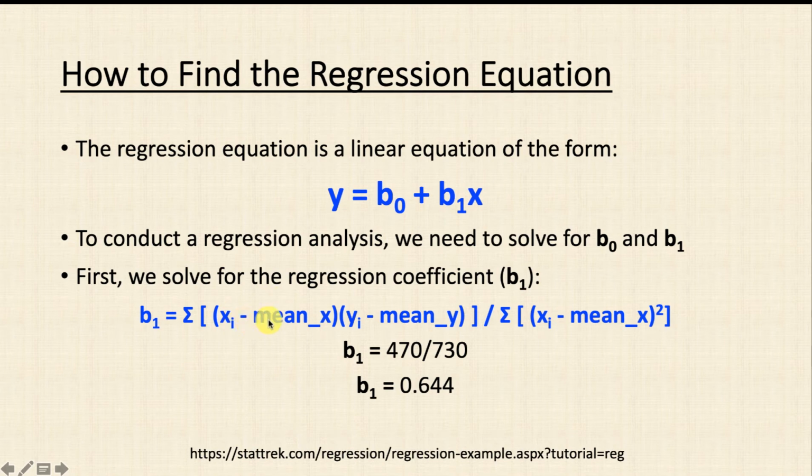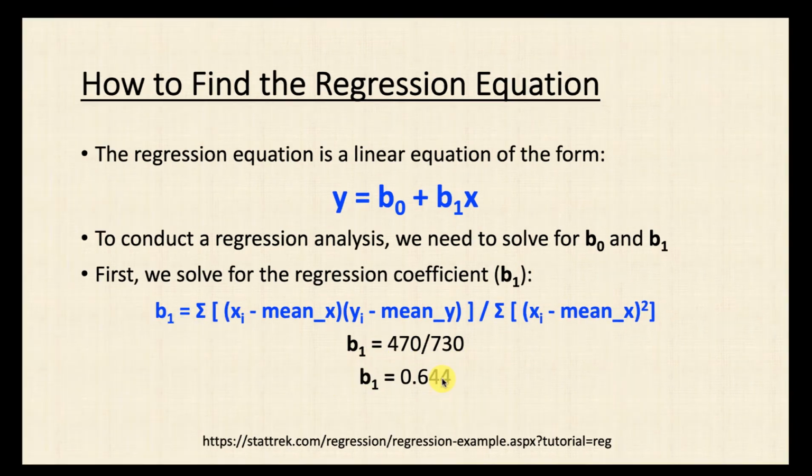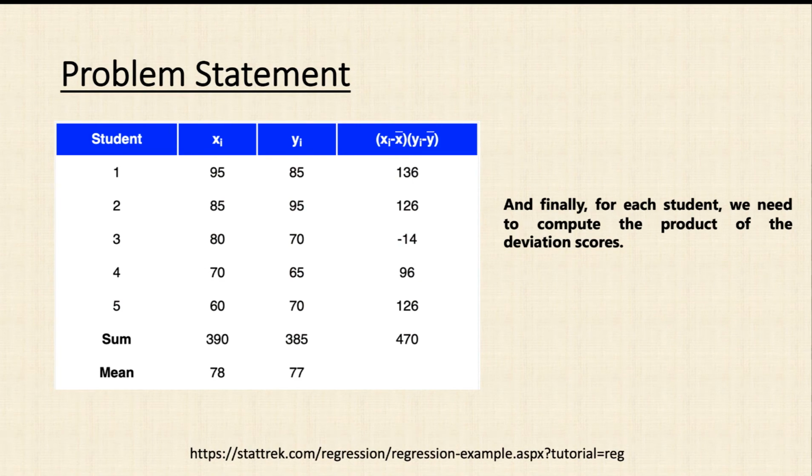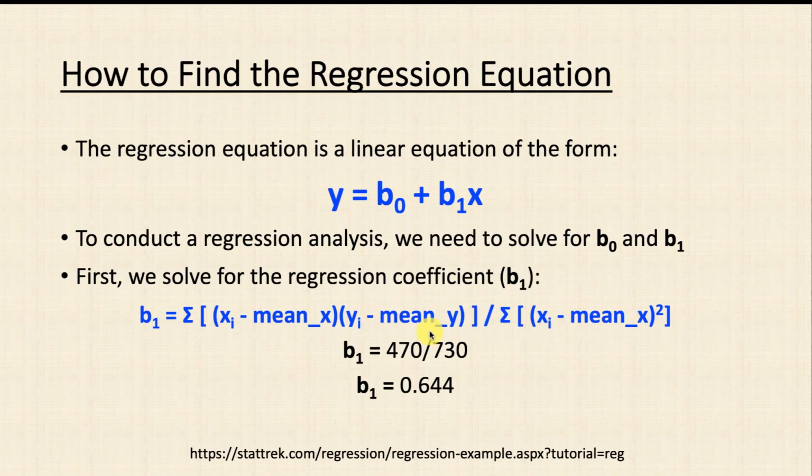So xi minus x bar, yi minus y bar, over xi minus x bar squared, right? If you compute, you will see the product is 470, divided by 730. So we find b1 is equal to 0.644. So this is our first coefficient b1.